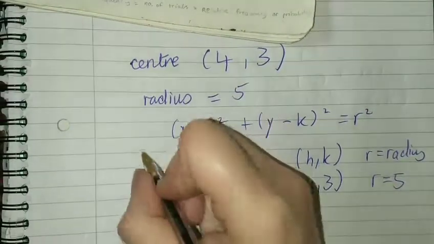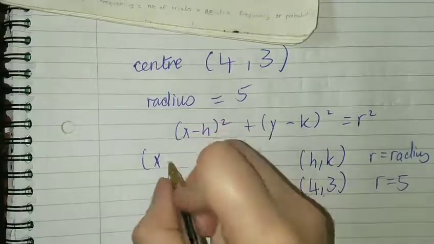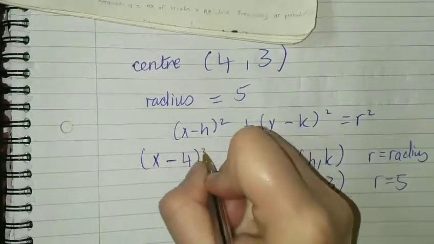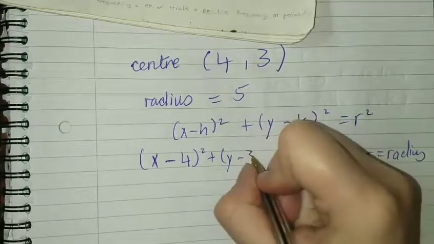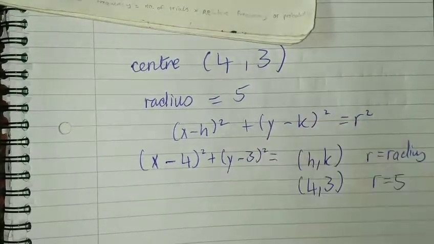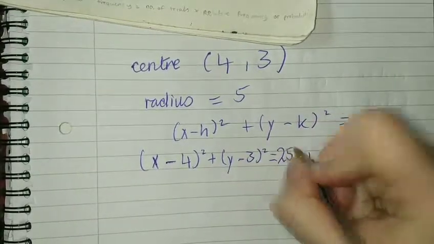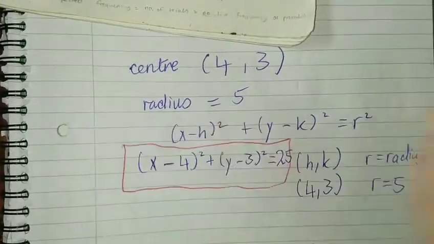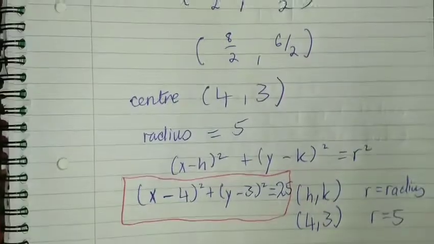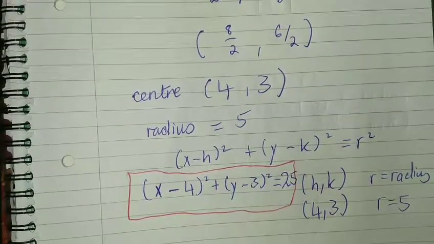So my circle is going to be x minus 4 squared plus y minus 3 squared is equal to 5 squared, which is 25. So that's going to be my equation of my second circle.